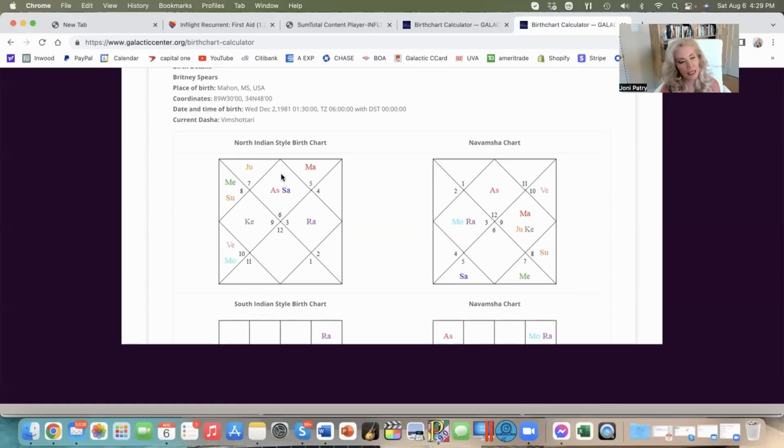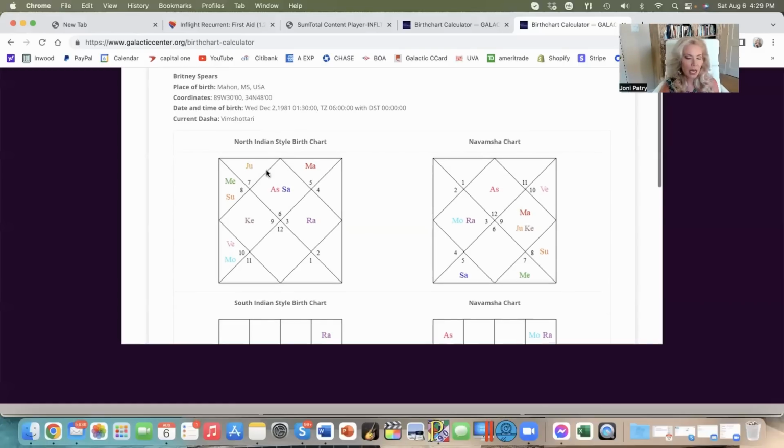Then moving counterclockwise to this particular diamond, or triangle, that is the 2nd house. And she has Jupiter there. JU is for Jupiter, and by the way, SA is for Saturn. So Saturn's in the 1st house in Virgo.